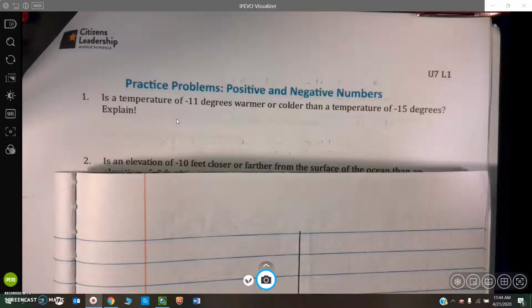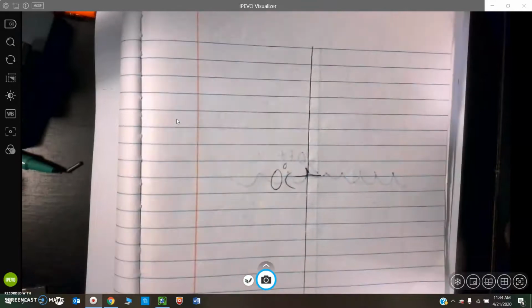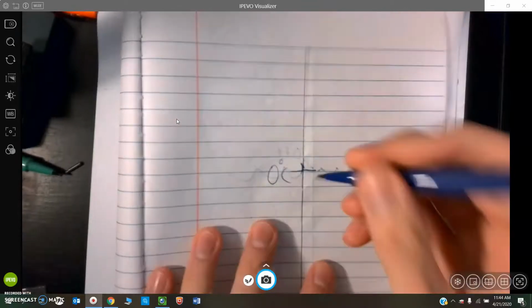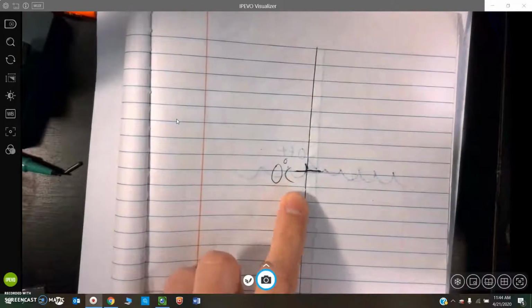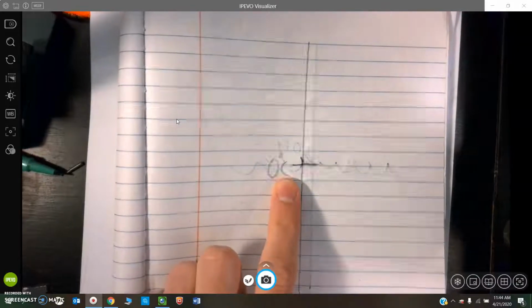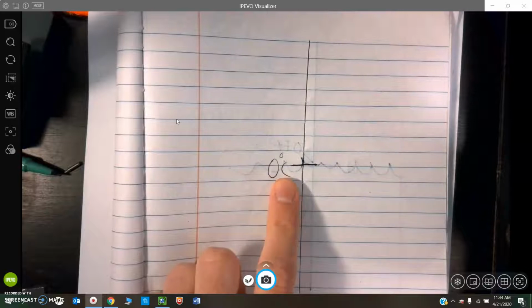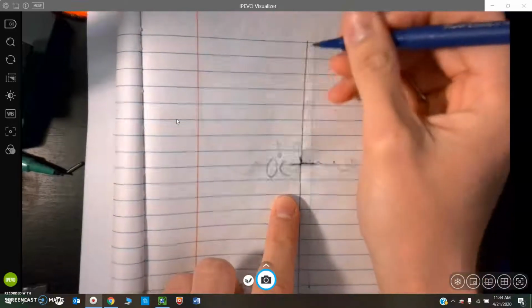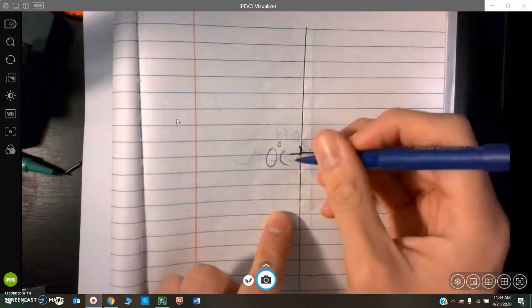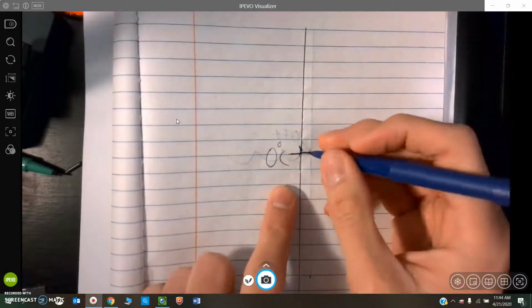All right, so let's look at it. Is a temperature of -11 degrees warmer or colder than a temperature of -15 degrees? So let's imagine that this right here is my thermometer. If 0 degrees is the freezing point, then all of the positive temperatures are up above, and all of the negative temperatures are down below.